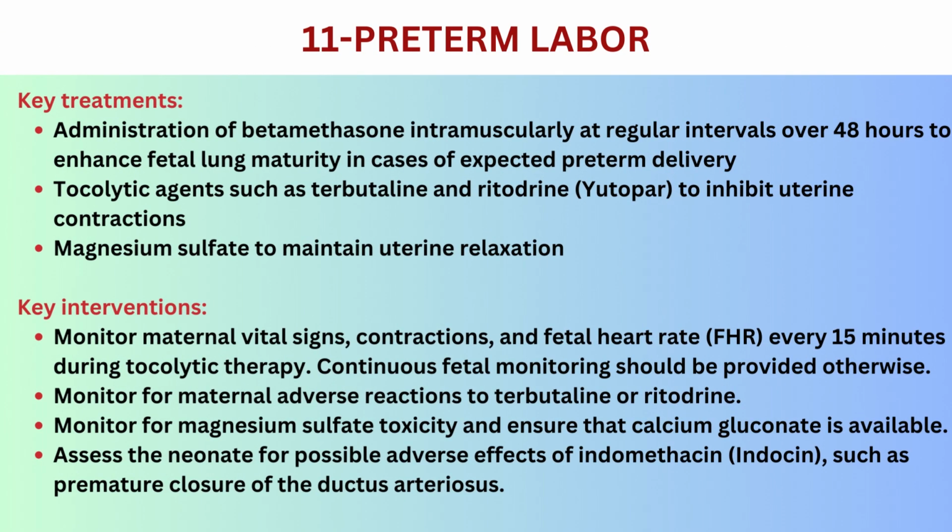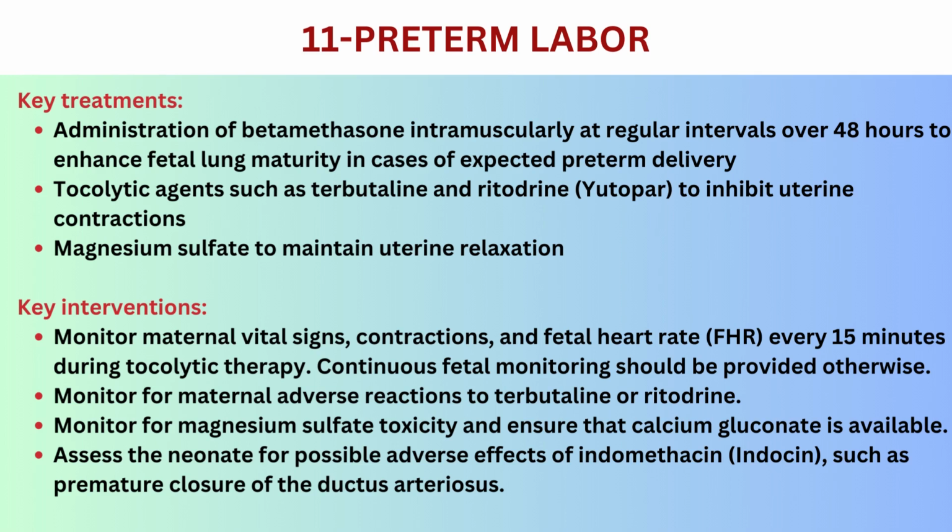Treatments include administration of betamethasone intramuscularly at regular intervals over 48 hours to enhance fetal lung maturity in case of expected preterm delivery. Tocolytic agents such as terbutaline and ritodrine, Yutopar, to inhibit uterine contractions, magnesium sulfate to maintain uterine relaxation. And the interventions are monitor maternal vital signs, contractions and fetal heart rate every 15 minutes during tocolytic therapy.